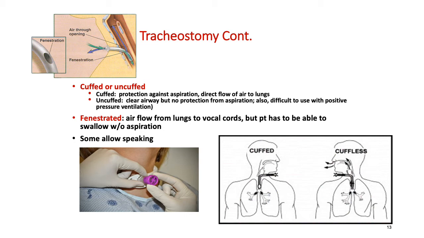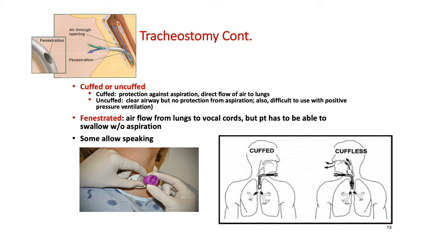Uncuffed tubes provide a clear airway, but there's no protection against aspiration because you don't have that extra barrier. Just think of the balloon or the cuff as a barrier to keep things from getting down into the lungs. So you don't have that protection.